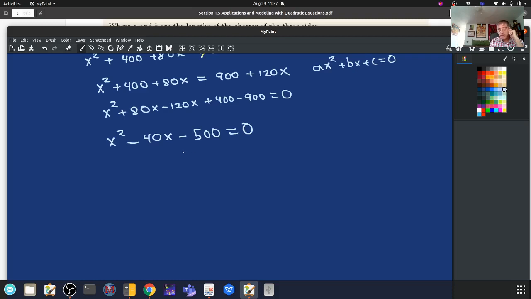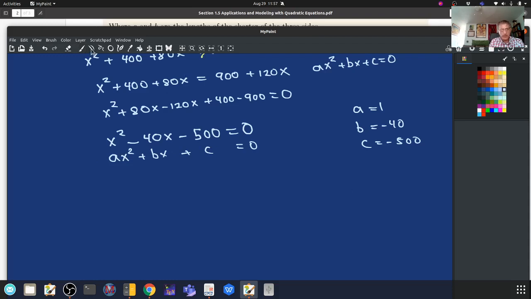So this, I think we can factor. If you want, you can identify ax squared plus bx plus c is equal to 0, and you're going to find that a is equal to 1, b is equal to minus 40, and c is equal to minus 500. But since this is a monic polynomial, we're going to try to factor it.